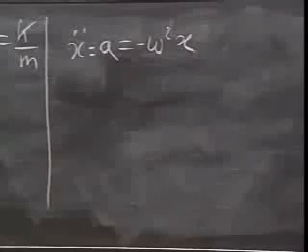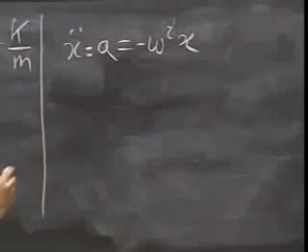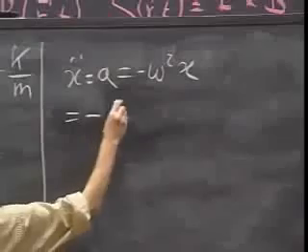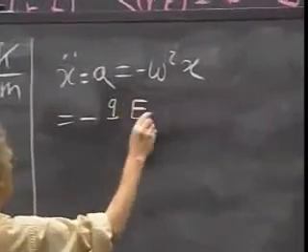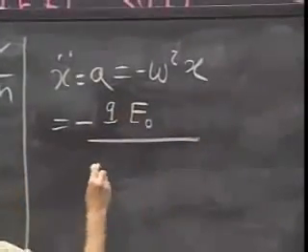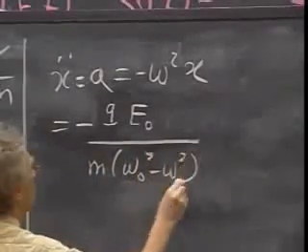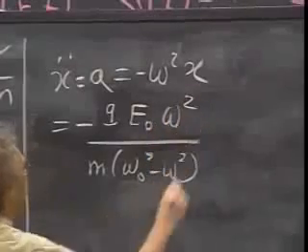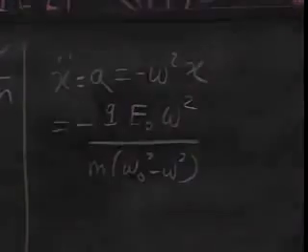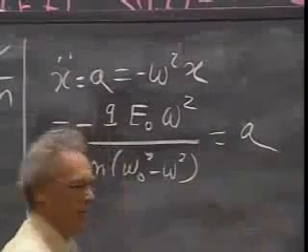You've seen that before. And so that becomes minus q E0 divided by m, omega 0 squared minus omega squared, and then I get upstairs an omega squared. And that is the acceleration of this electron.